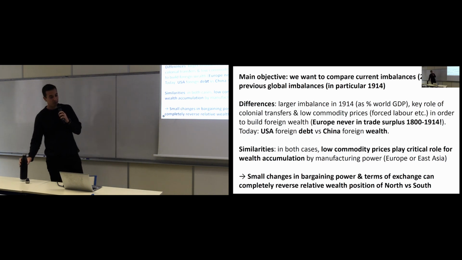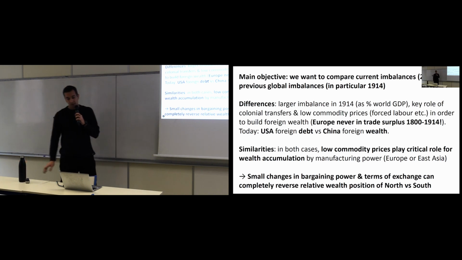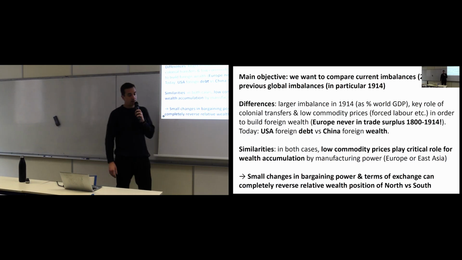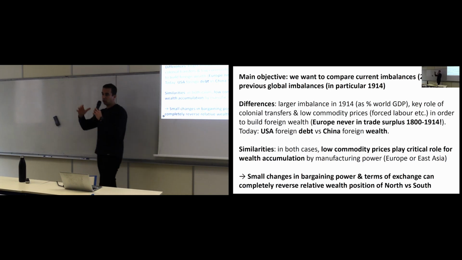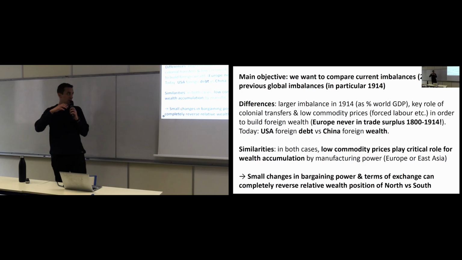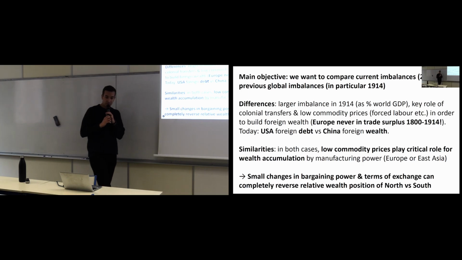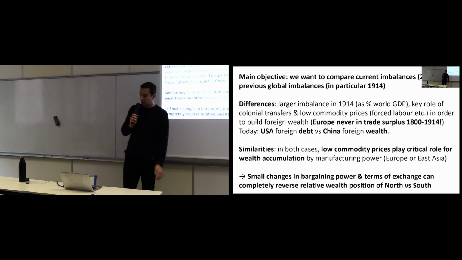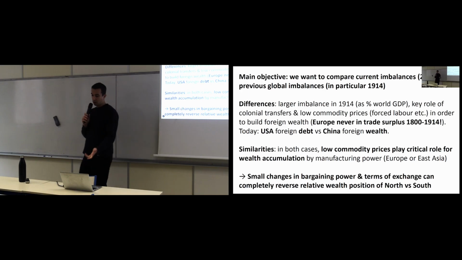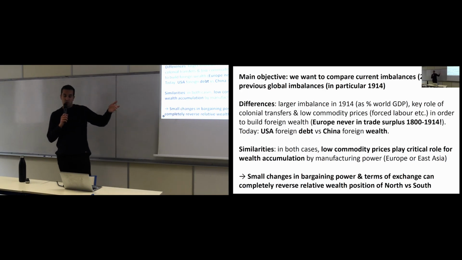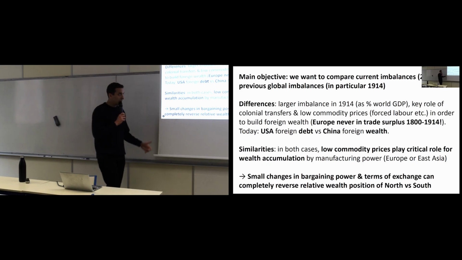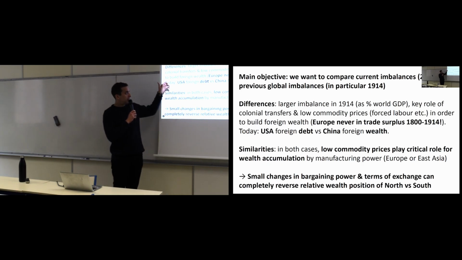The main difference that we find is that the 1914 imbalance was bigger as a share of world GDP, so in total economic size it was of a larger magnitude, and it came about because of the key role of colonial transfers and low commodity prices, which are related to forced labor and slavery used in the colonies, which allowed Europe to build up foreign wealth.